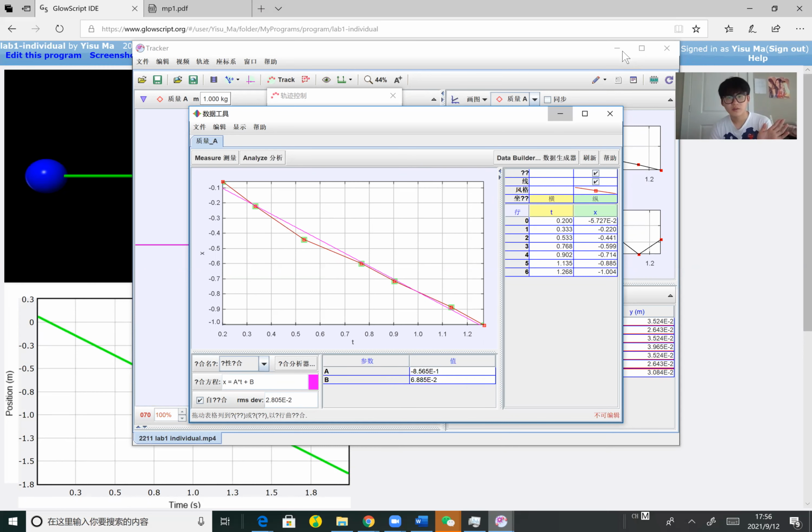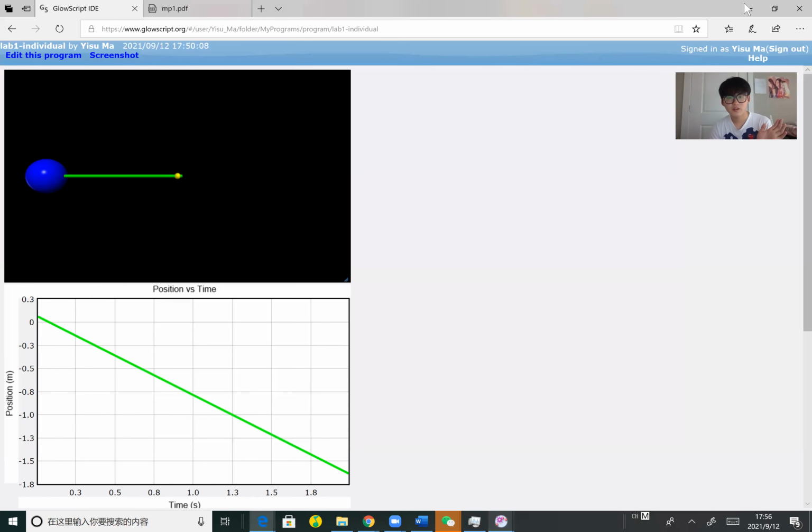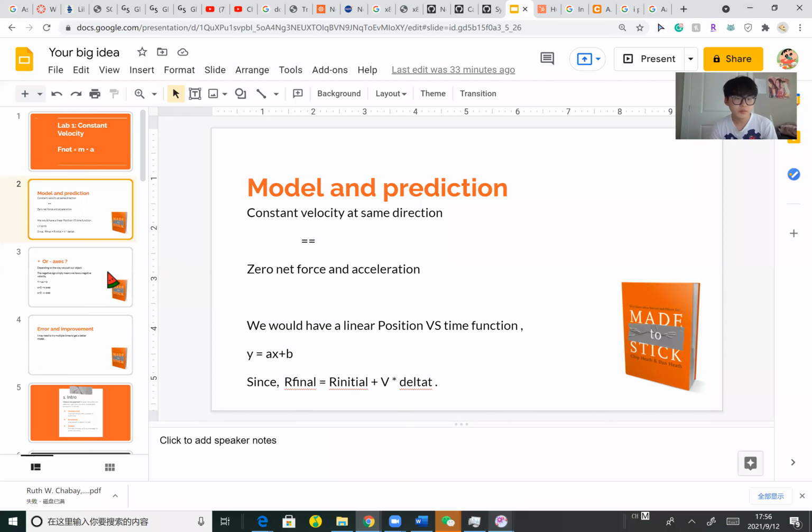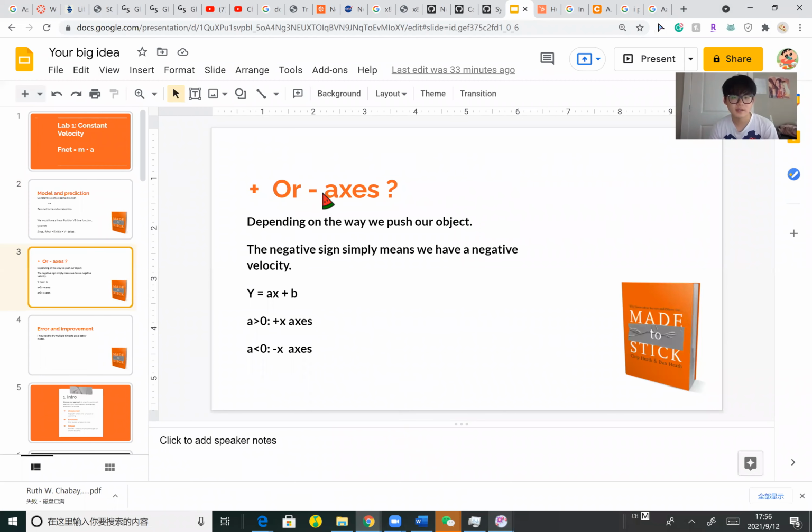The direction of the x-axis depends on which direction we push the ball. If we push the ball in the positive x direction, we'll have a positive sign, and vice versa.